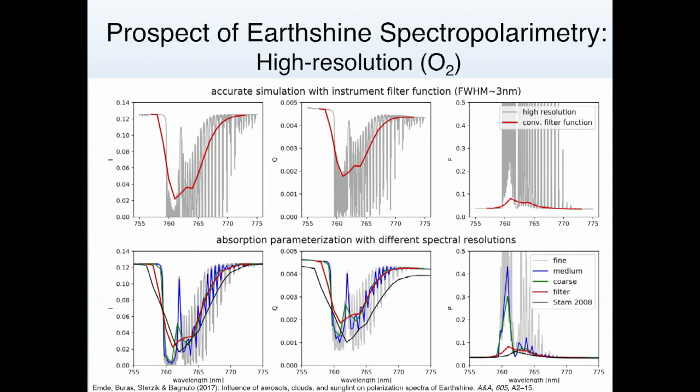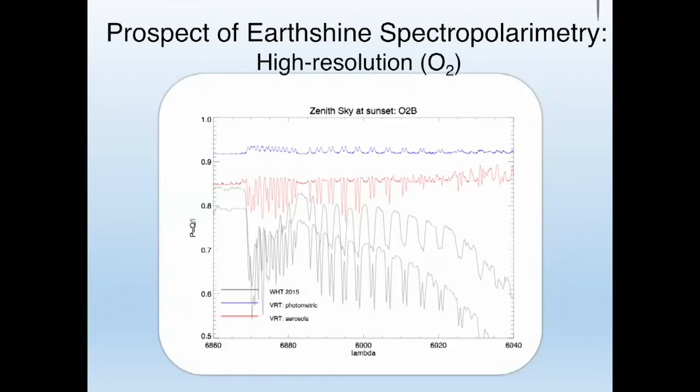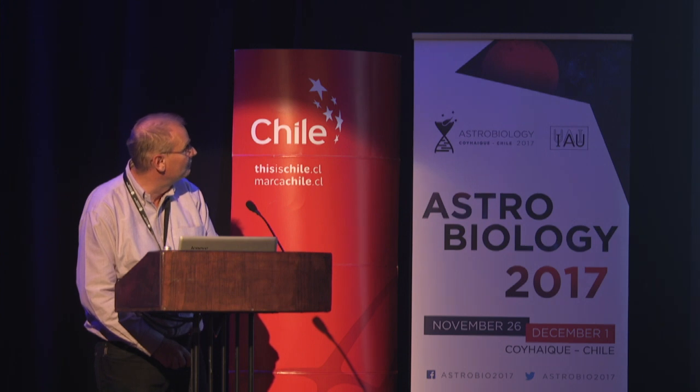These are observations, this time with the William Herschel telescope, with higher resolution in the oxygen A band, and some first simulations with clear sky and with aerosols. You see the impact of aerosols, and we are pretty sure that we can retrieve aerosol and cloud parameters through these measurements on a more global scale, which may be interesting also on the climate scale.